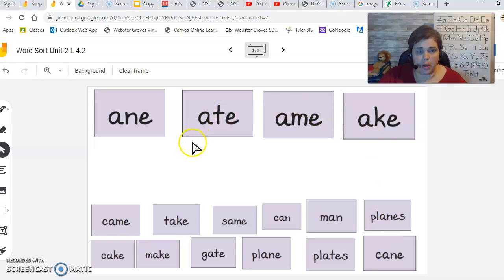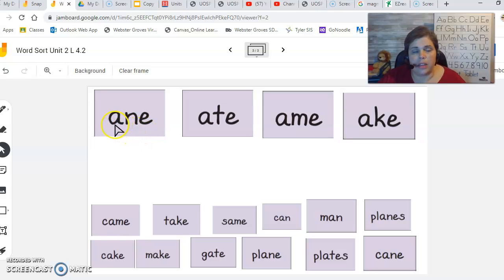I'm going to continue for those of you who are with me, and our friends who decided to do it independently will come back and join us at the end. The four word parts at the top are ain, ate, aim, and ache. You'll notice they have two things in common.